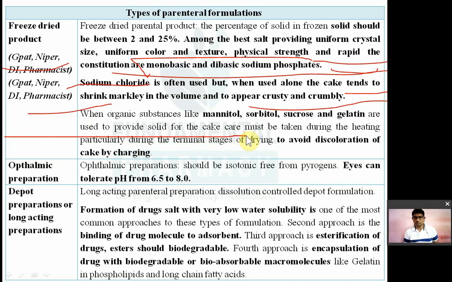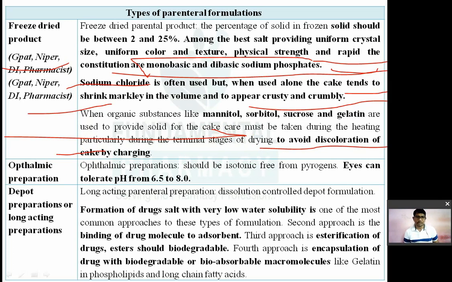Care must be taken during heating, particularly during the terminal stage of heating and drying, as they can discolor your preparation. To avoid the discoloration of cake by charring, तो ये जब यूज करते हैं मैनिटोल, सुक्रोज, सॉर्बिटॉल, कभी कभी बिकॉज ऑफ हीटिंग साइकिल ये थोड़ा क्या होगा, ब्राउन भी हो सकता है या फिर चार्ज भी हो सकता है, तो डिस्कलरेशन हो सकता है.